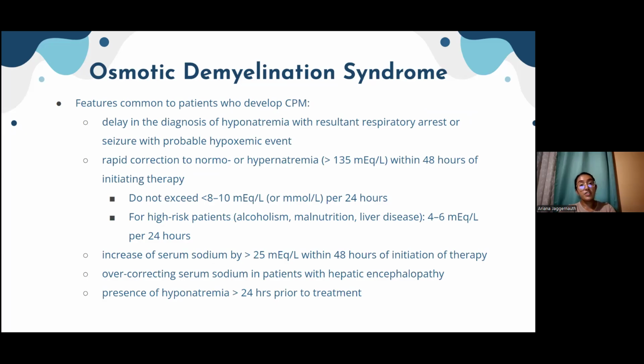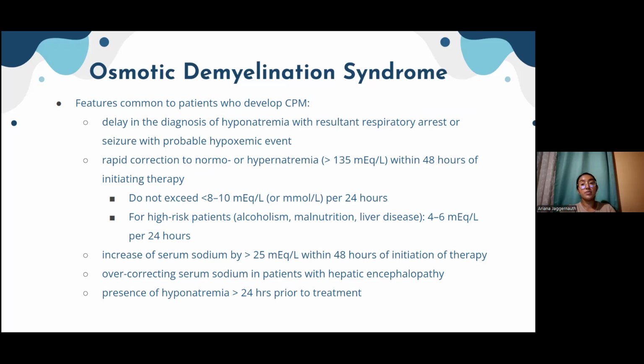There are a few features that are common to patients who develop osmotic demyelination syndrome, and that includes things like delay in the diagnosis of hyponatremia with resultant respiratory arrest or seizures with probable hypoxemic events. It's also due to rapid correction to normal or even hypernatremia within 48 hours of initiating therapy.